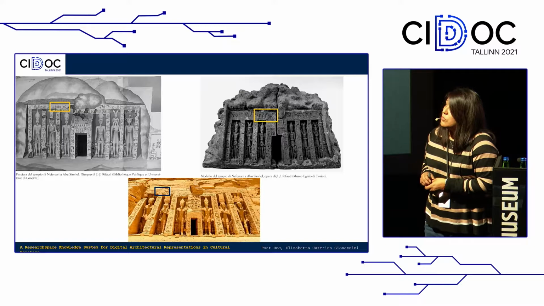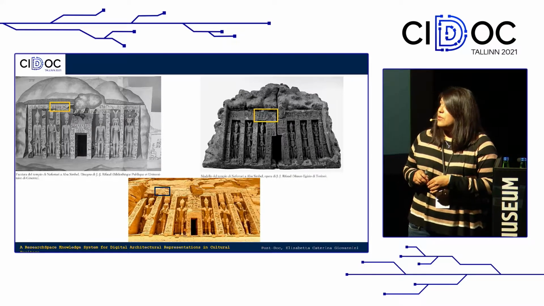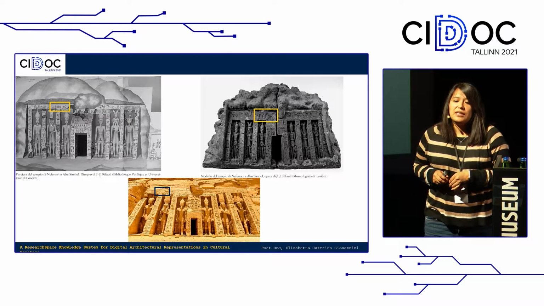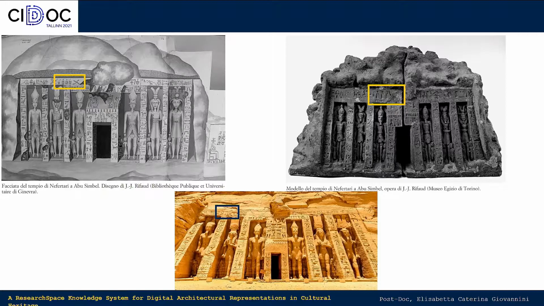A first assumption was made by Silvia Einaudi in 2016 in a publication entitled Rifo, Drovetti e i modellini del Museo Egizio di Torino, and she assumed that probably Jean-Jacques Rifo was the maker of these models. Her assumption was based on the hieroglyphical transcription from the handmade drawings of Rifo, the models, and the original one.